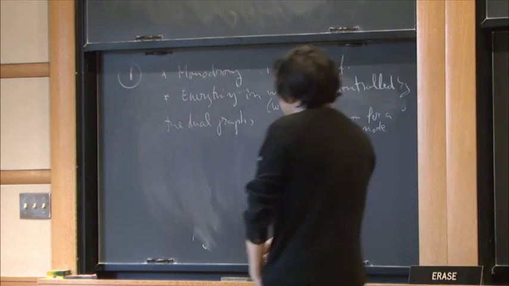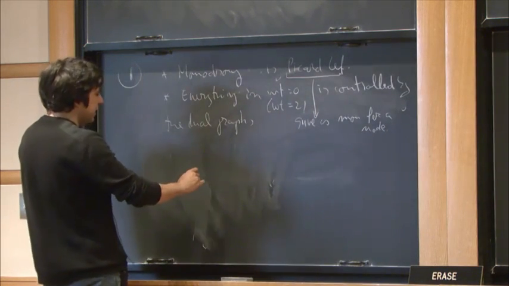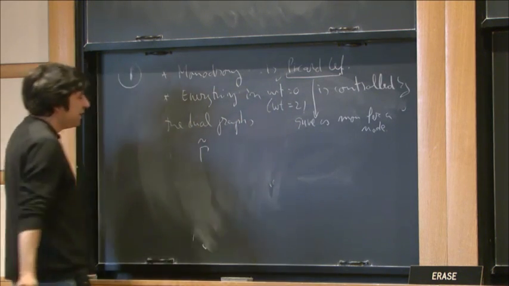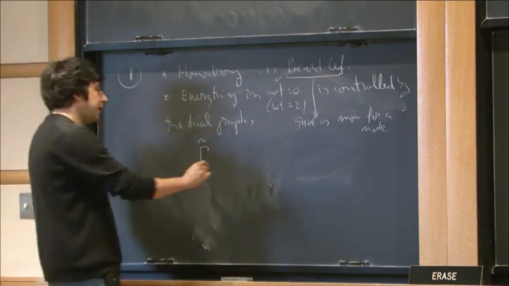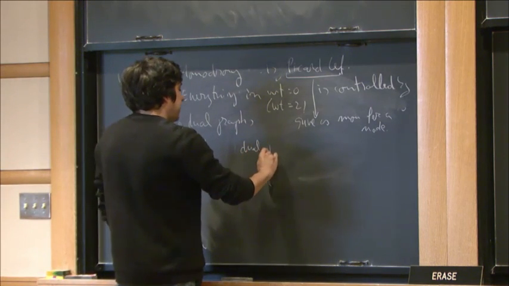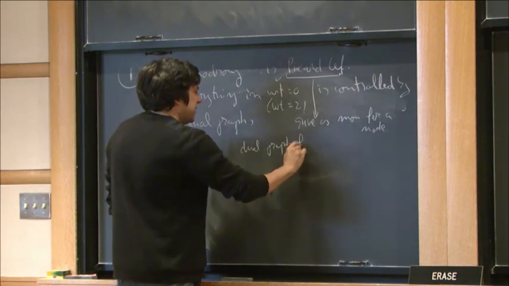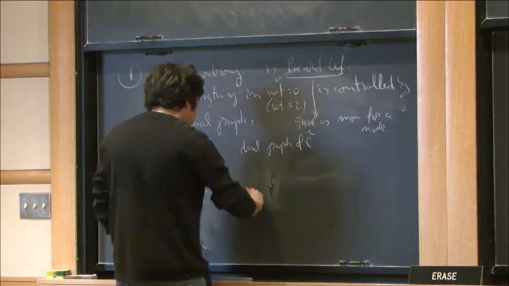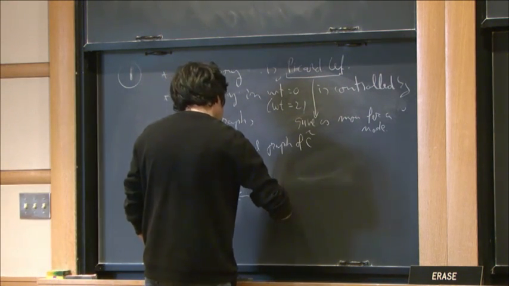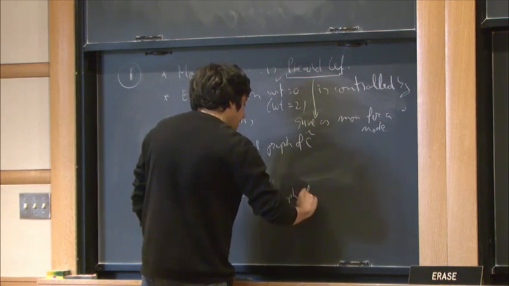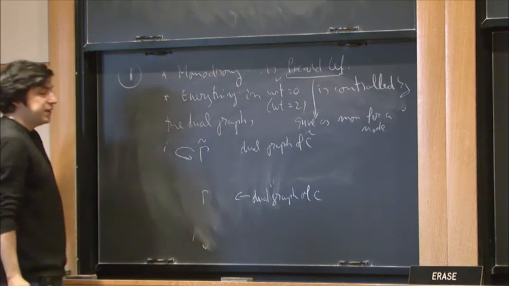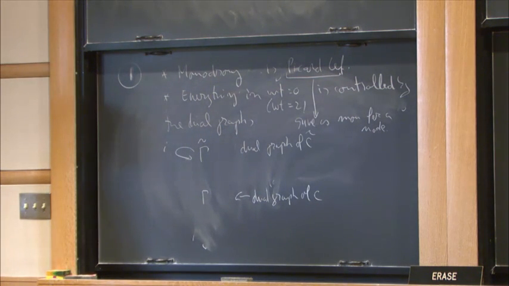Here the situation is a bit more complicated, of course, and even dual graphs: you have two dual graphs. You have the dual graph of C tilde, and you have the dual graph of C. Now the admissible condition tells you that you actually have an induced involution here.